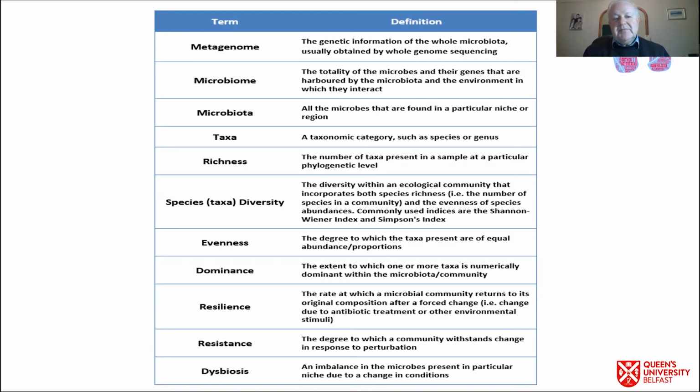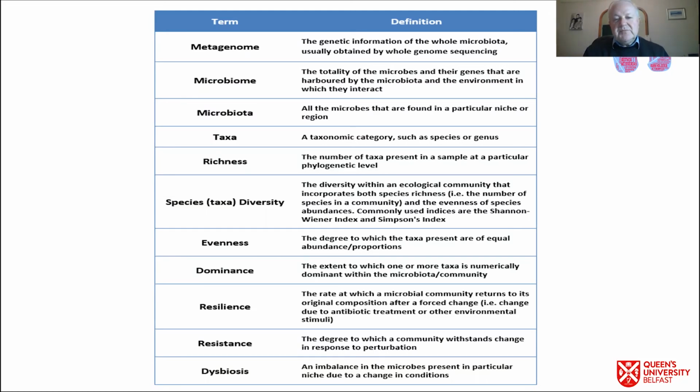I'm going to talk quite a bit about diversity today and want to just dwell on this definition for a moment. Diversity incorporates species richness, which is the number of species in a community, and the evenness of the species abundances within the niche. It's calculated mathematically, and a number of indexes are used, such as Shannon-Weiner and Simpson's index.